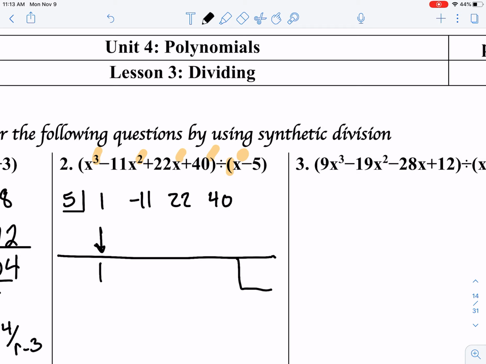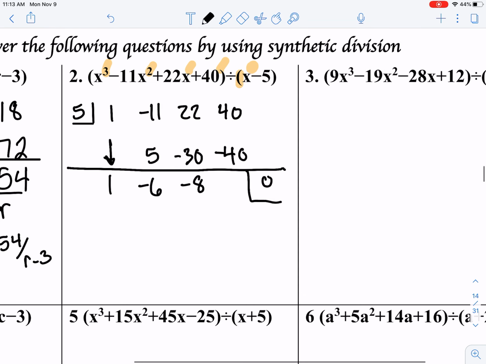Bring it down, multiply, add, multiply, add, multiply, add. Write as a polynomial, remainder, constant, degree of 1, degree of 2.